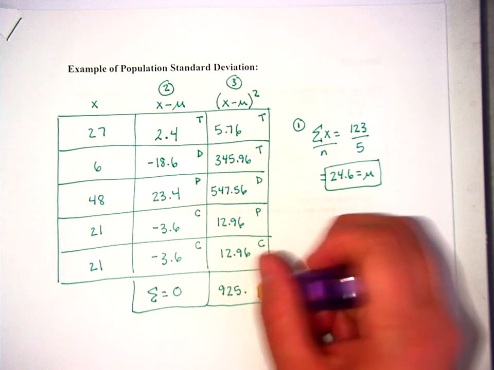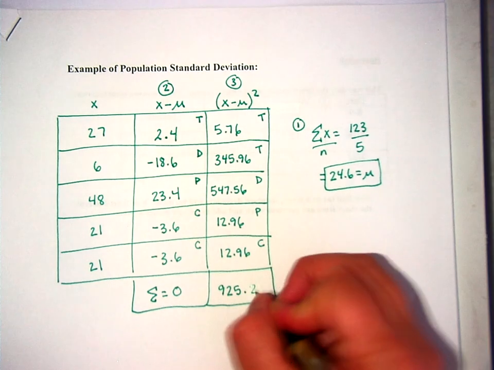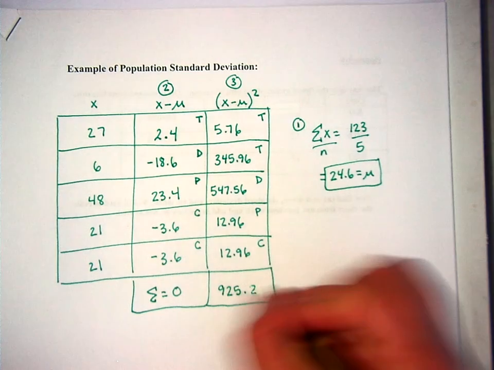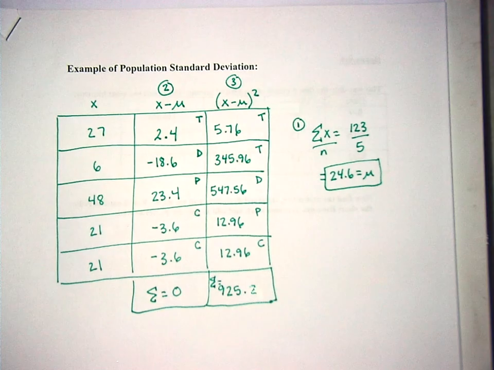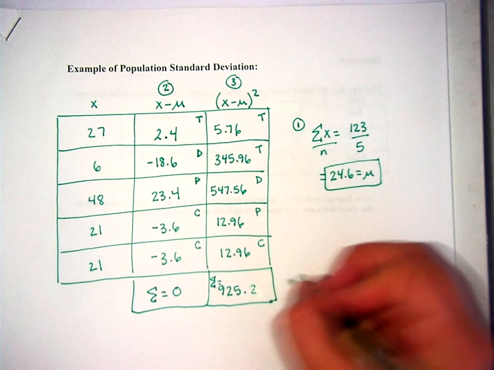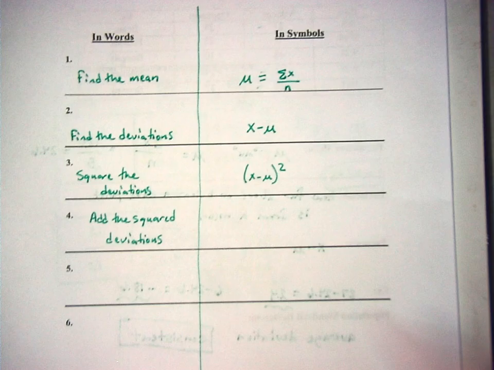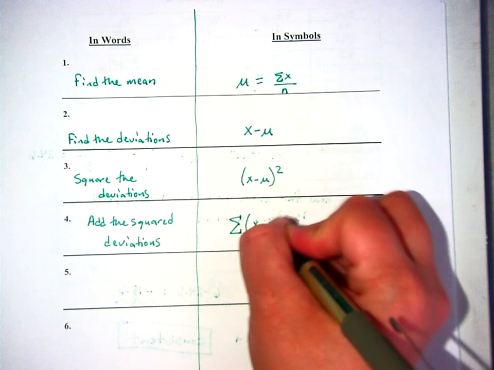It is 0.2, because I did 5.75 instead of 5.76. This is correct. This is a summation as well. All right, so over here, this is my 4th step right here. And then right here, I'm going to write, this is a summation of all of the x minus mu squareds.